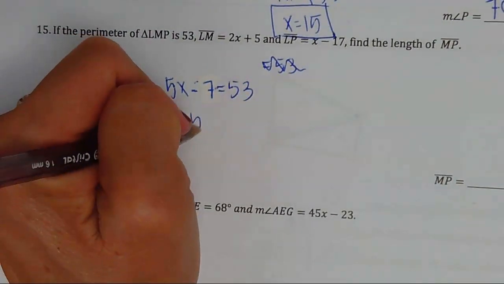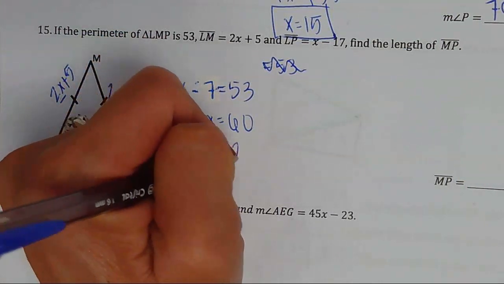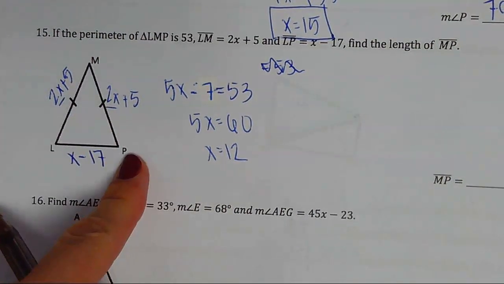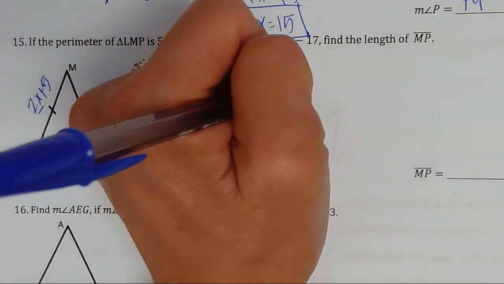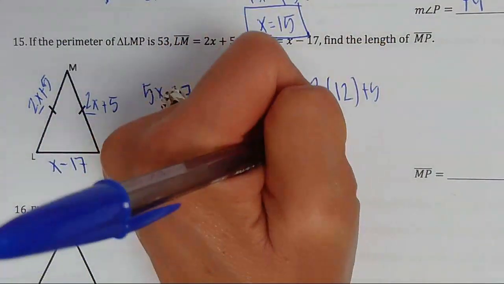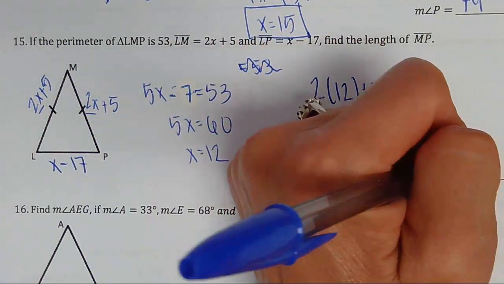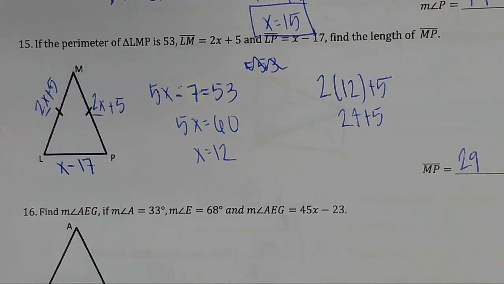Okay, so I'm going to have 5x equals 60, and x equals 12. Well, it wants me to solve for MP, so I'm just going to go 2 times 12 plus 5 and get 24 plus 5, which is 29.